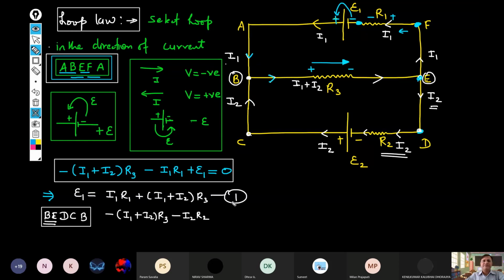Then plus E2, equals 0, because from C to B there is nothing. So I can simply write E2 equals (I1 plus I2) into R3 plus I2 R2.